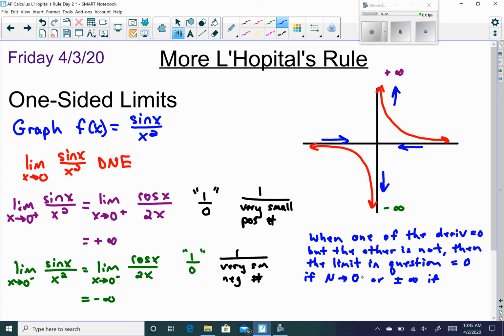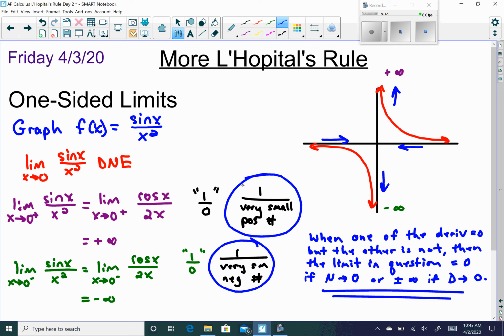So I'm just going to use capital N for numerator, and our denominator keeps approaching 0, depending on what side. If it's a very small negative number, it's going to be negative infinity. Very small positive numbers can be positive infinity. So that can help us out. In other words, we're thinking of it in terms of words here to help us come up with this.